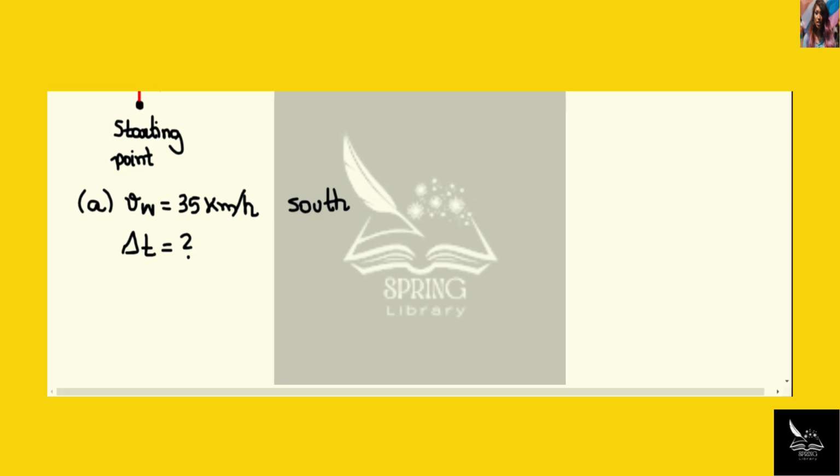Well, notice that since the airplane is heading north and the wind is blowing to the south, the speed of the airplane relative to the ground is the speed of the airplane relative to the air minus the speed of the wind.